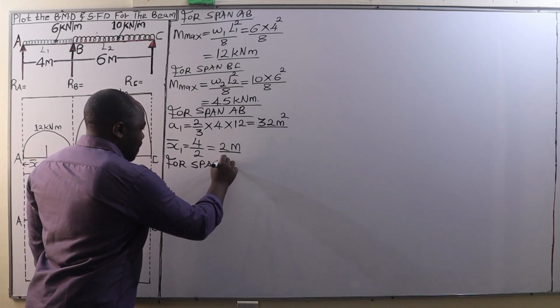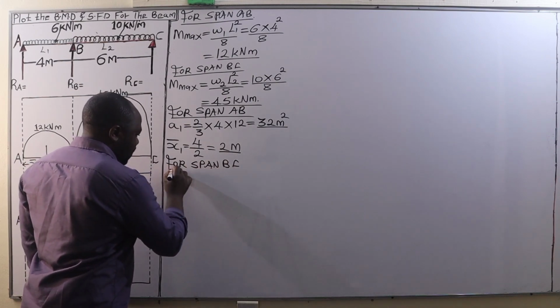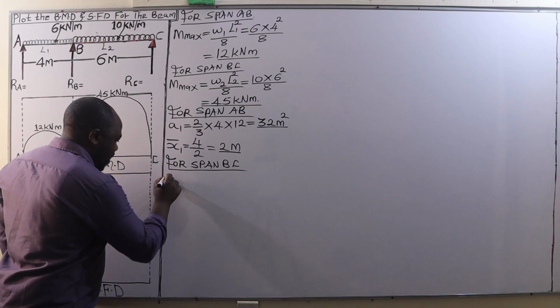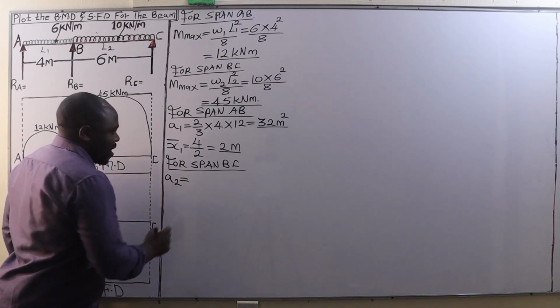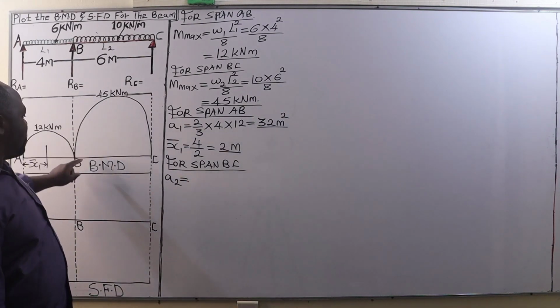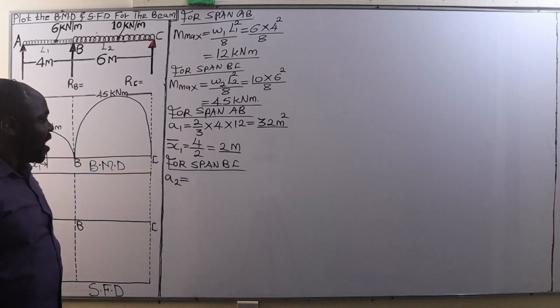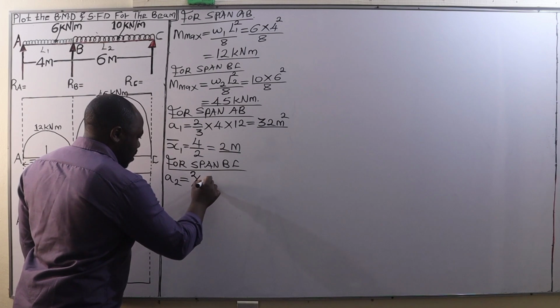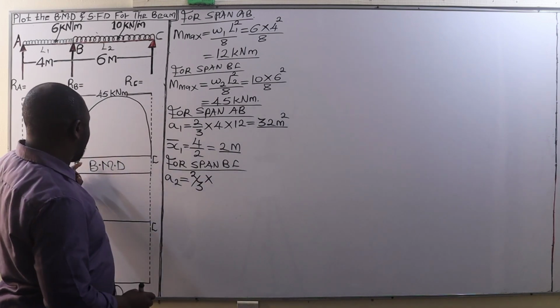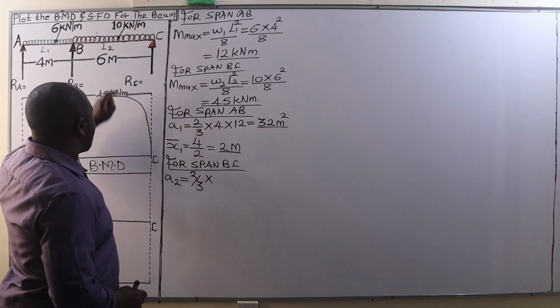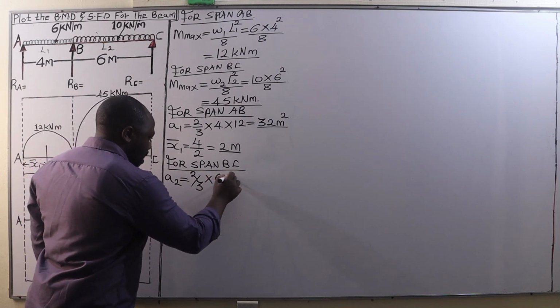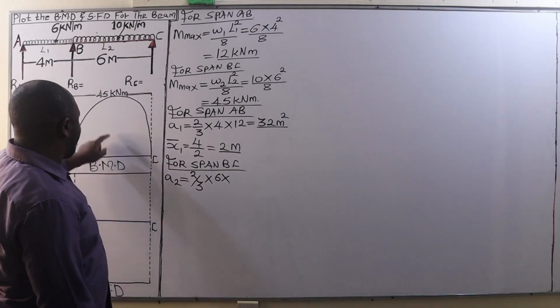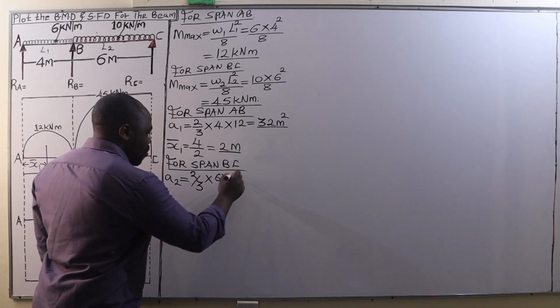For span B to C, we are going to have A2, that is the area of this bending moment diagram between the span B to C. That's going to be given by 2/3 of the base, that is the span B to C, which is 6 meters, multiplied by the perpendicular height, which is 45 units.